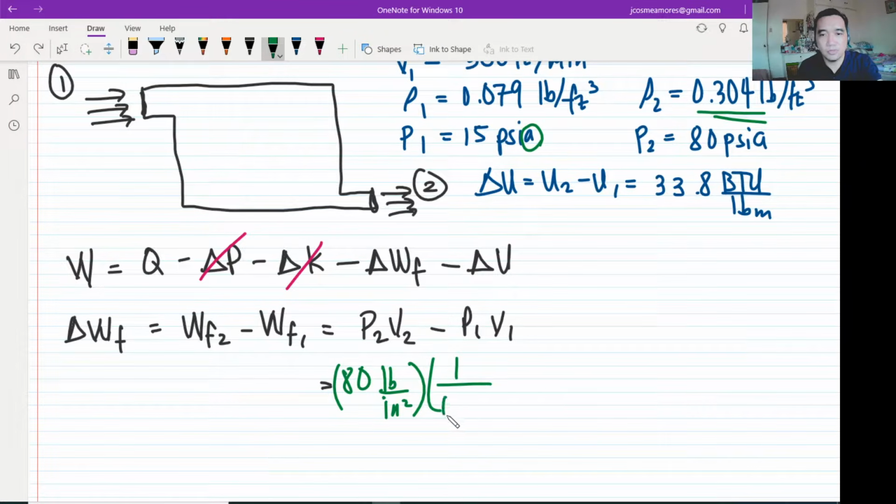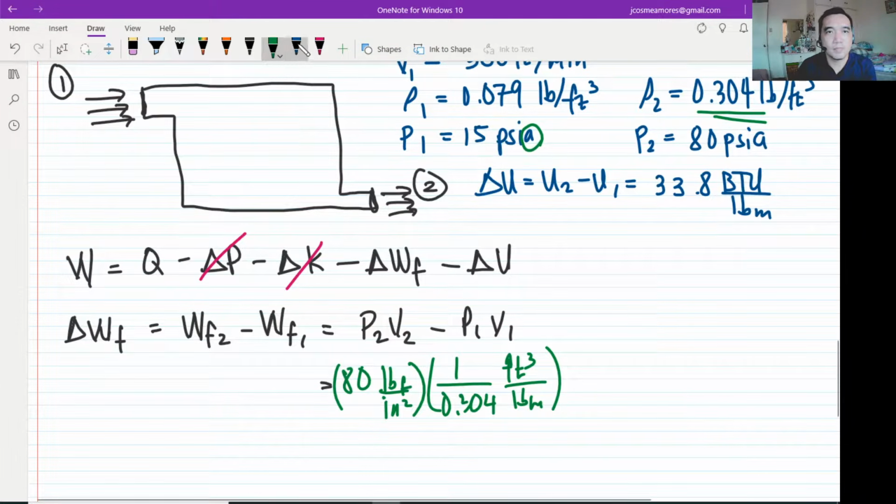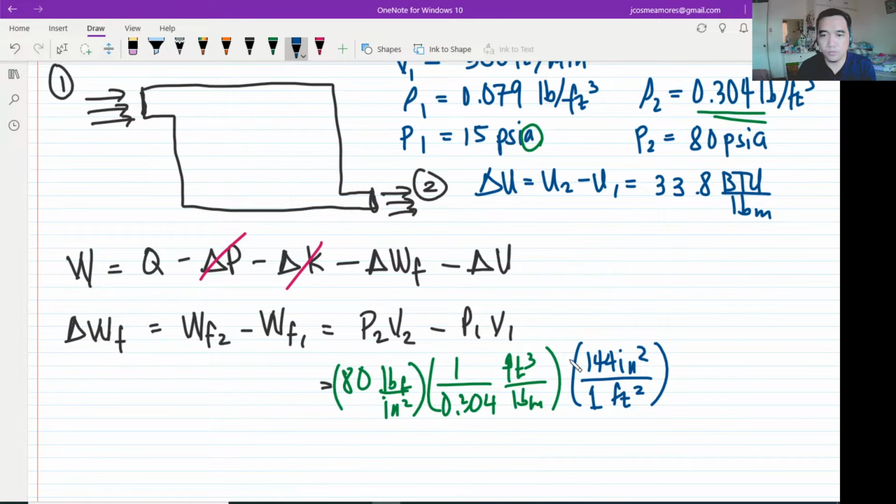So 1 over 0.304. Now this would be cubic foot per pound mass. Okay, this is pound force, so you cannot cancel that. So first we will convert square inches, 144 square inches to square foot. So cancel those units.